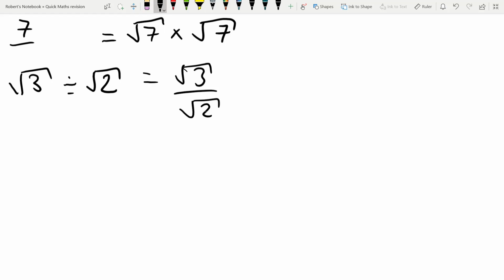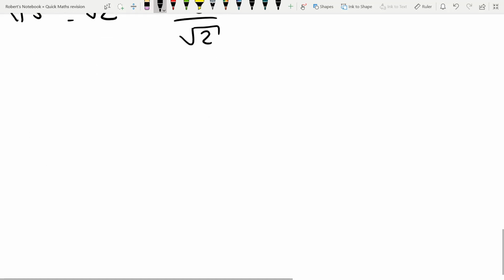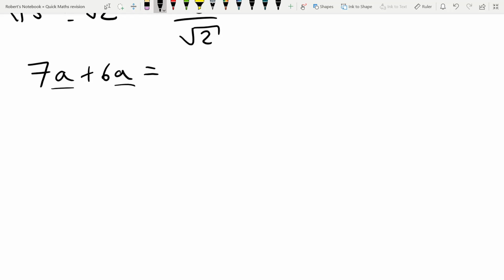So that's dividing surds. And now if we go on to adding or subtracting, it makes more sense to look at them like algebra rather than surds. So if you had 7a plus 6a, because they're both in terms of a, you just add them up and you'd get 13a. And if you swap a's with surds, for example, then you can do the same.